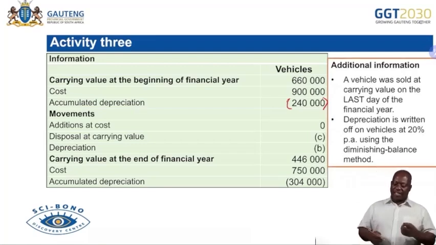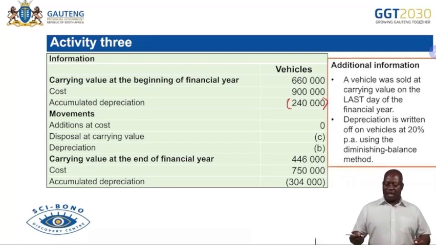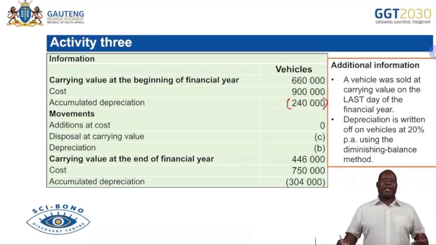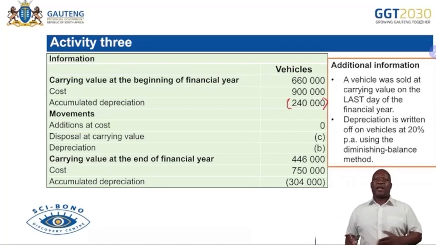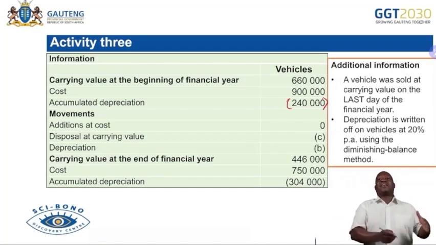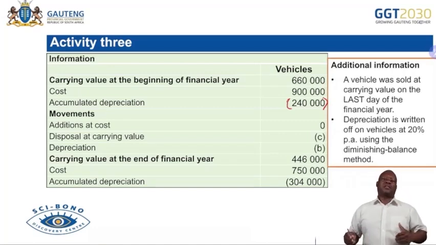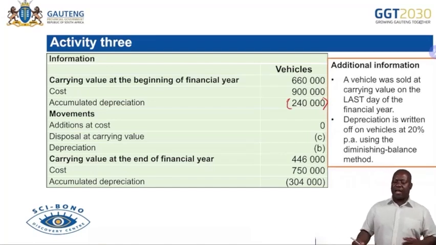Now, the additional information given says a vehicle was sold at carrying value on the last day of the financial year. So it means the vehicle that was disposed was not disposed during the year, it was disposed at the end of the year. So when we're calculating depreciation, the easiest way is just to take it as if all our old is still there until the last day of the year. And then when it comes to calculating the new, we are going to do as required.